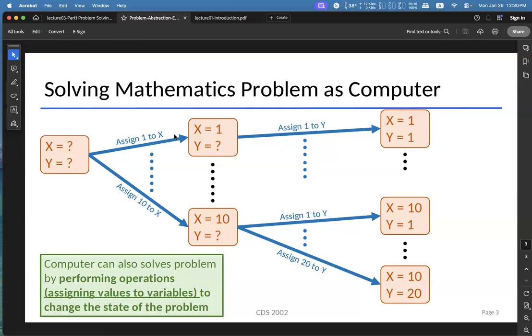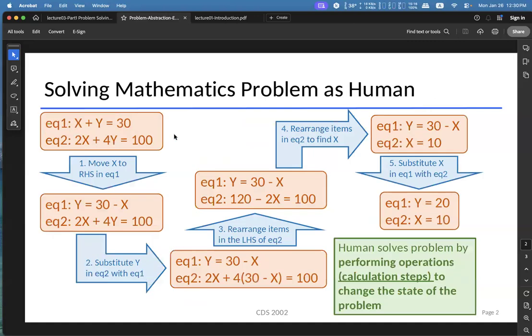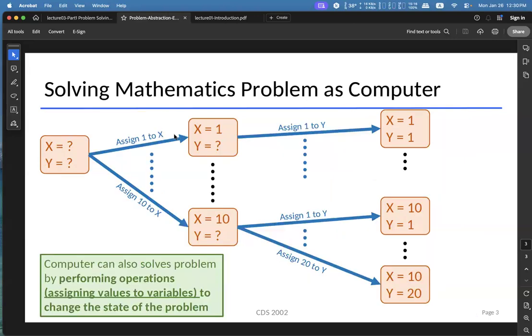The reason we have different representations of state in computers versus humans is that humans use an analytical approach to solve the problem. Humans can do all these mathematical operations easily because humans have intuition. If you allow the computer to try out all the mathematical operations there are, it is too tedious and too difficult to code.